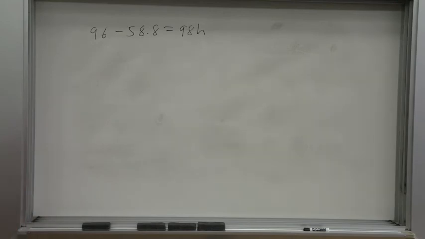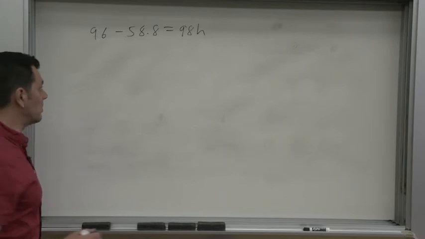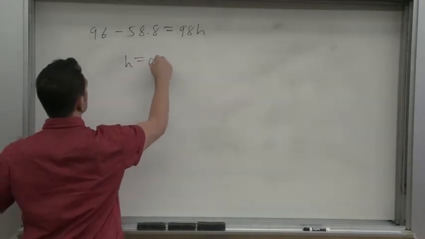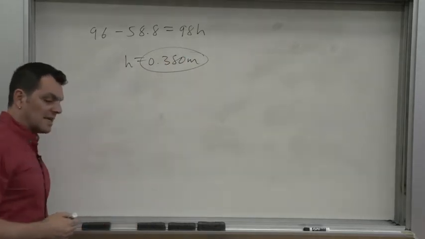Solving for h, the left-hand side becomes 37.2. You divide that by 98, and you get 0.3796, or 0.380. Definitely less.